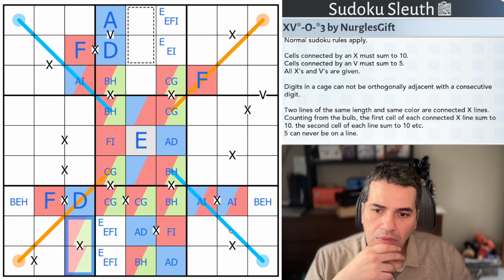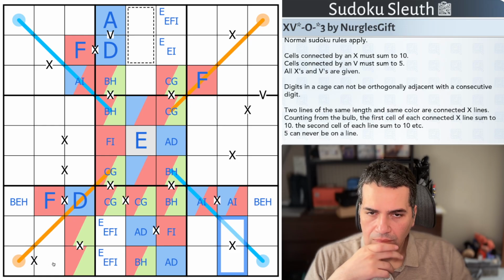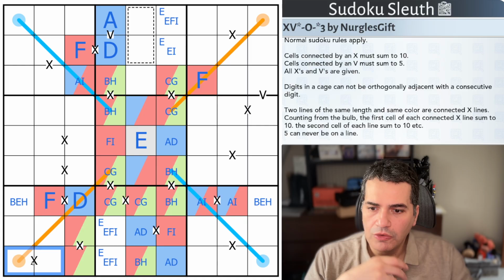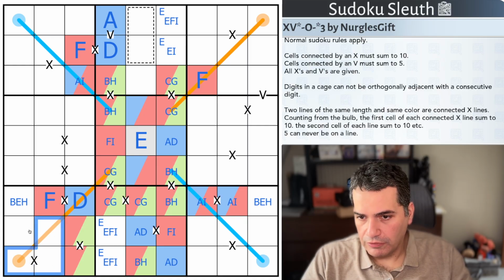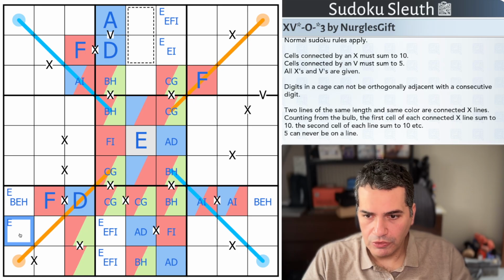Okay, what is this one? Could this be... I mean, I'm going to have to use a lot of... Right, so no fives is a... 5 could be in one of these 2 cells, actually, so never mind. I thought this was the 5. That's not true.